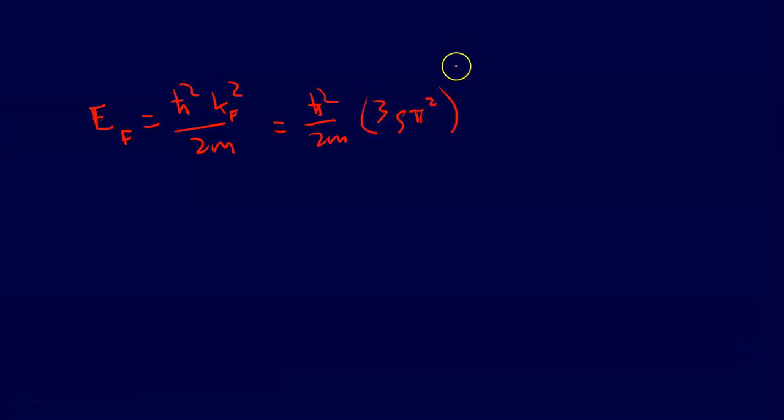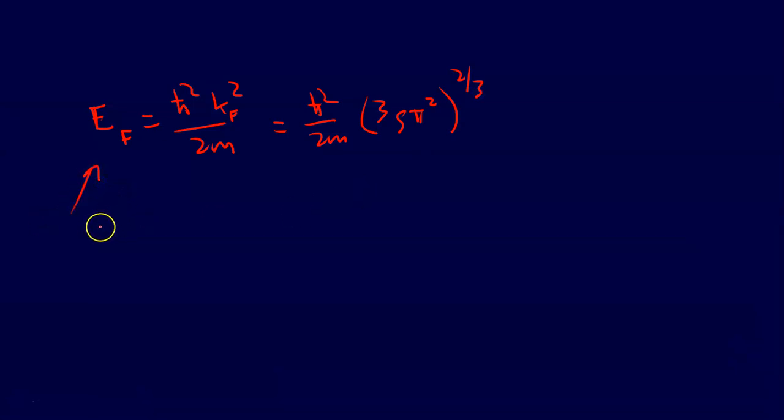And so if you recall, our total energy, which we're going to call this special Fermi energy, is just going to equal h bar kf squared over 2m. And so if we plug everything in, we get this definition for the Fermi energy. And this here, it's really important.